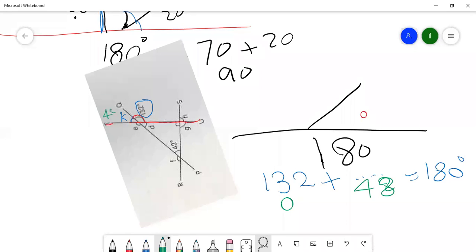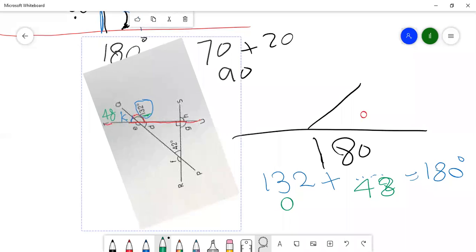So K is 48. Now we have 48 and we have 132. The answer. Okay, is that clear now?